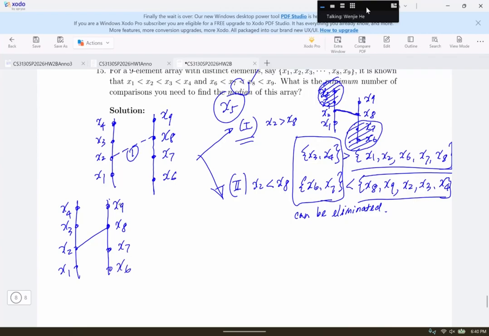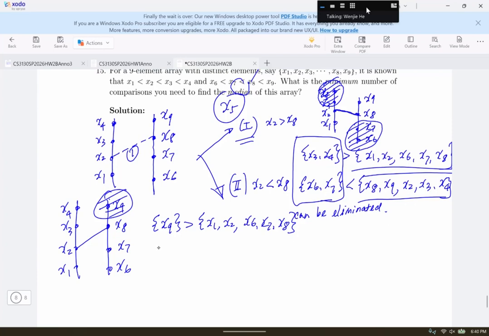Then elimination: X9 is greater than at least 5 elements. X9 greater than X1, X2, X6, X7, X8. So X9 can be eliminated, right?